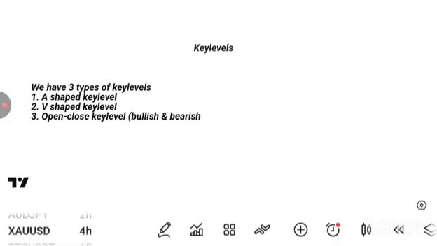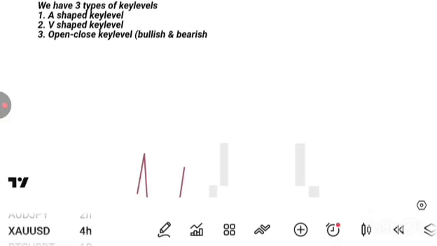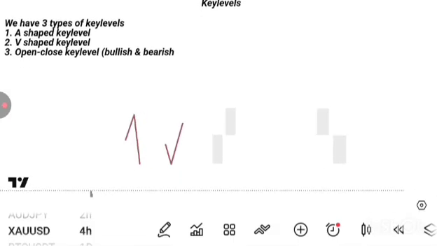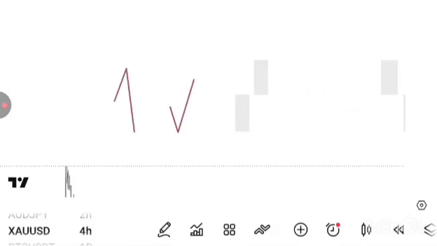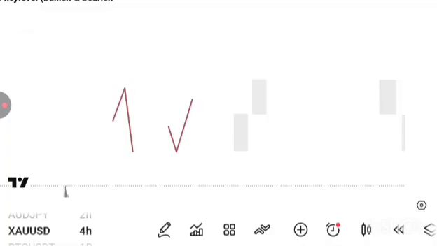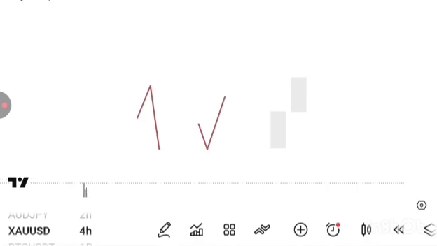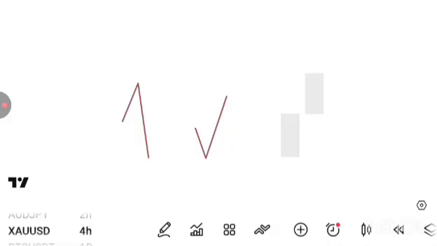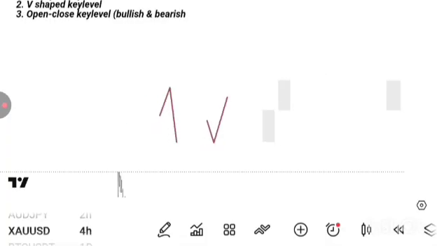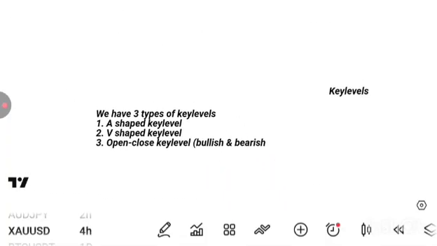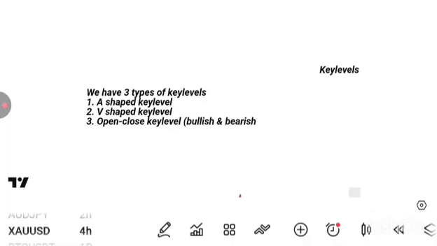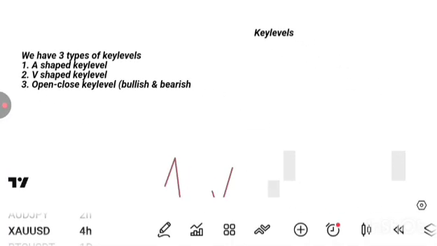The A-shaped key level has the shape of an A. The V-shaped key level has the shape of a V. Then for the open-close key level, we have two types, the bullish and the bearish open-close key level.